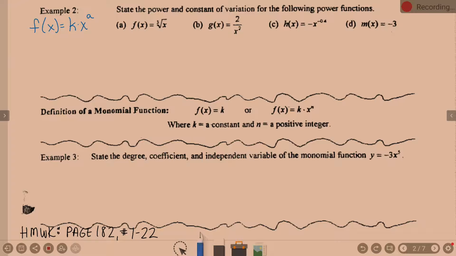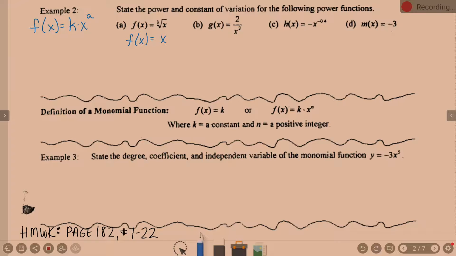Thoughts here? Do we have a power right now? We don't really have a power, do we? How can I rewrite this? Because before I can really answer my questions here, we have to think of this as f of x equals x to some power. X to what power? 1/3.